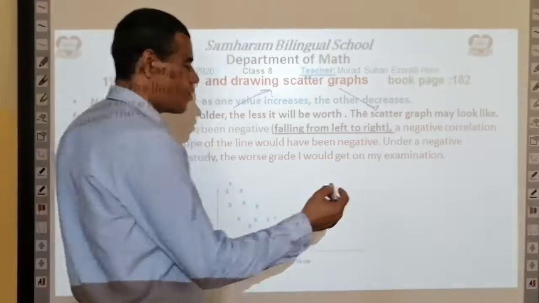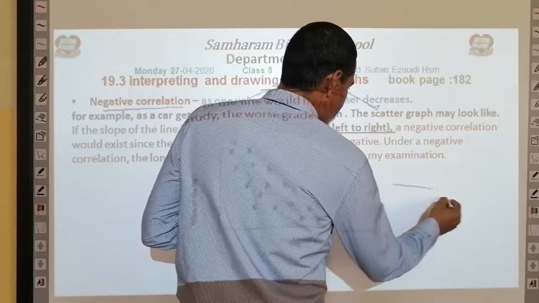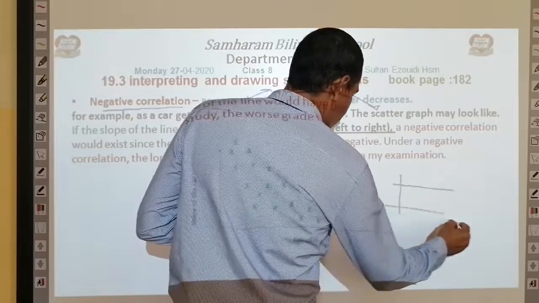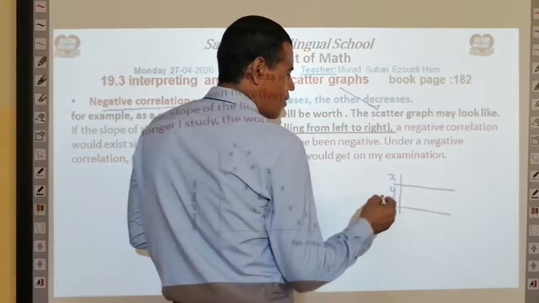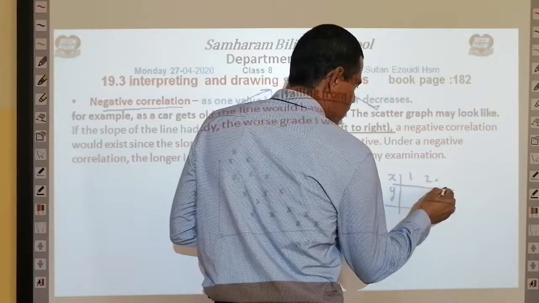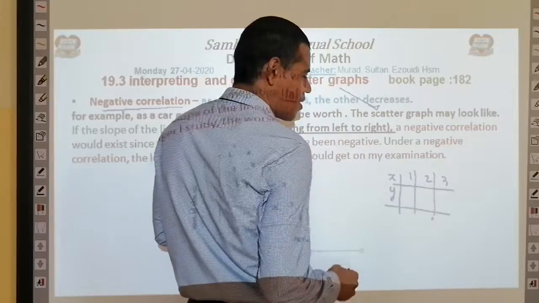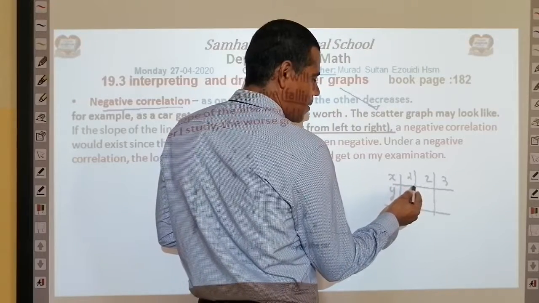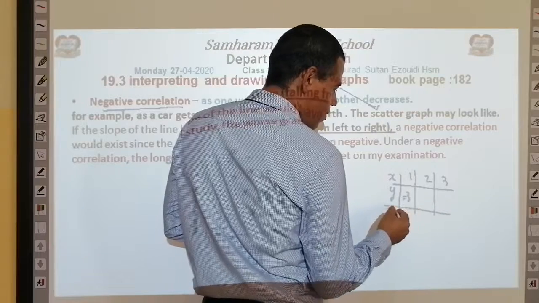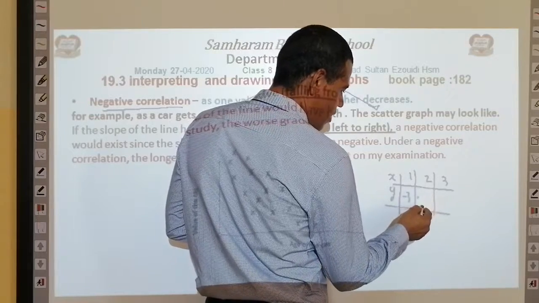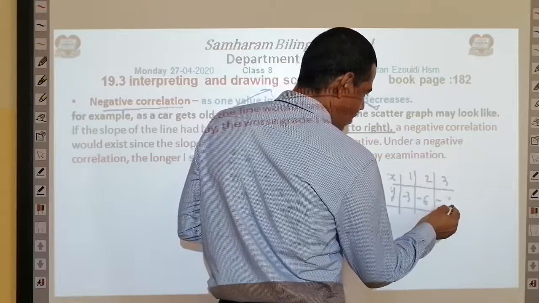I will give an example. This is x, and this is 1, 2, 3. When x equals 1, y equals negative 3. When x equals 2, y equals negative 6. When x equals 3, y equals negative 9.